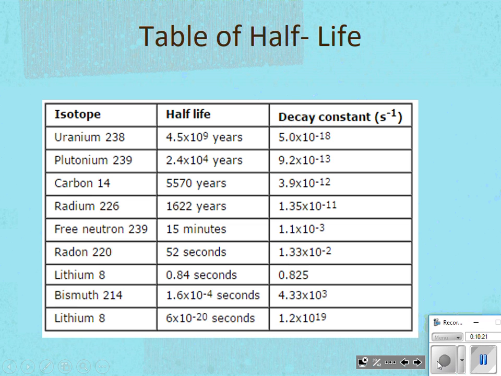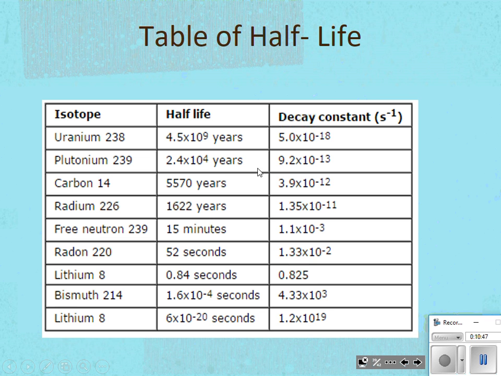Here's a chart that has different half-lives. If you can look, uranium-238 has a half-life of 4.5 times 10 to the 9th years. So half of the uranium decays in that many years. It changes, though.